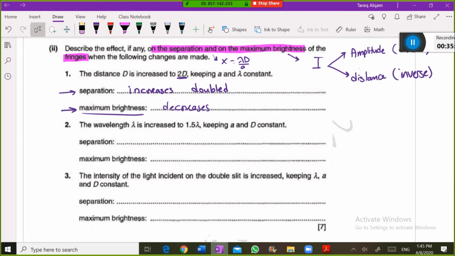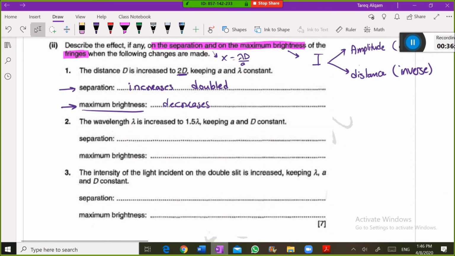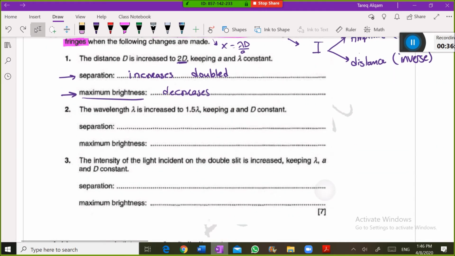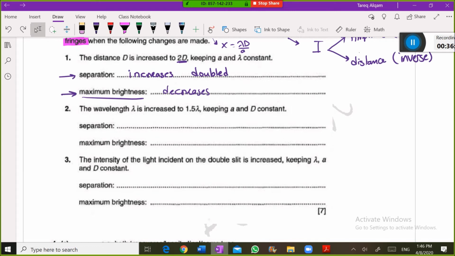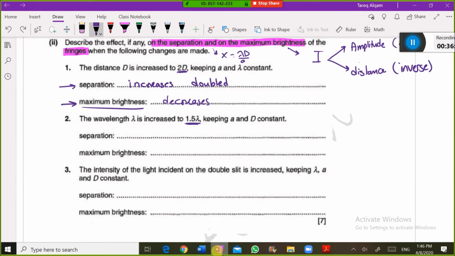What will happen here, guys, to the wavelength? Here we increase the wavelength, right? So what will happen to the separation, from the formula x equals lambda d over a?